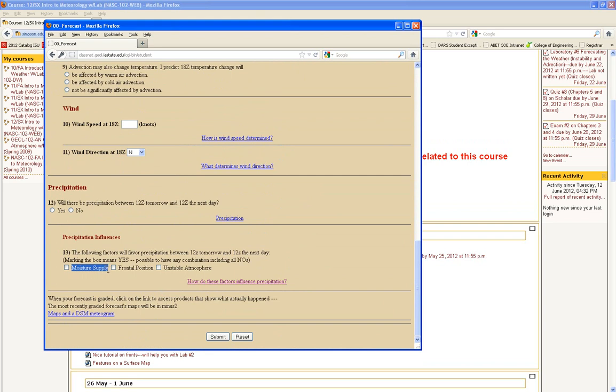When we looked at the 850 millibar map, it looked pretty dry. Frontal position, I didn't see any fronts in our area. And an unstable atmosphere. Well, the atmosphere will be stable because the temperature difference is only 10 degrees. To have an unstable atmosphere, to have moist air to rise, we need at least a 25 degree difference. So I'm not going to check the unstable atmosphere because of the 10 degree difference between the two levels.